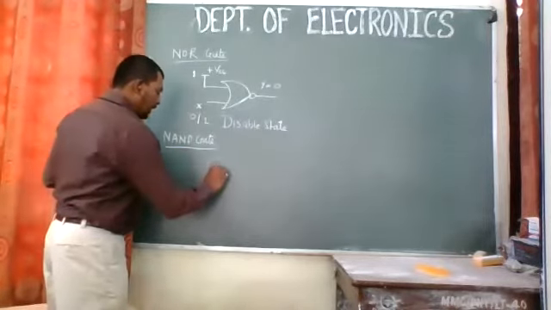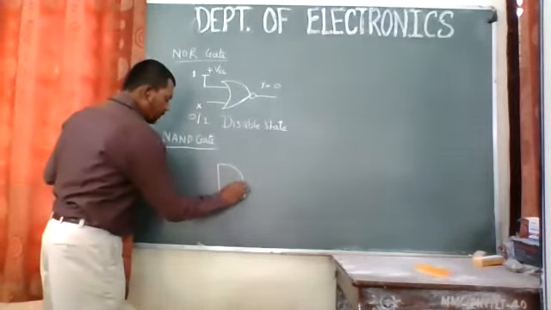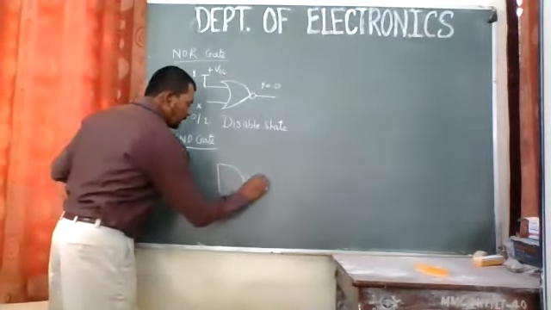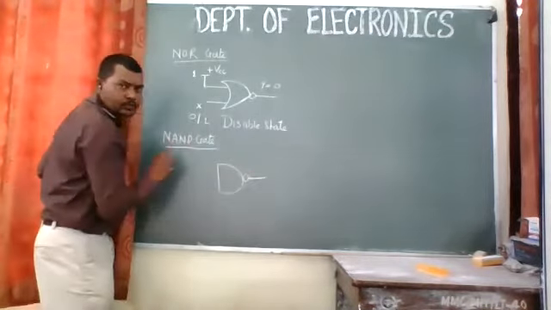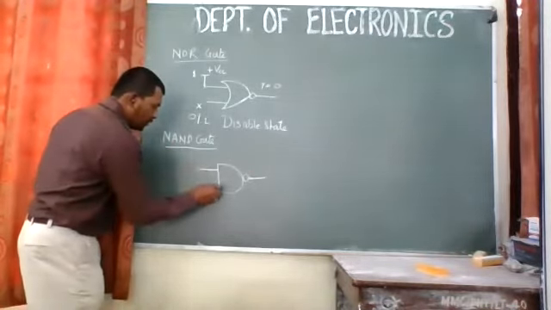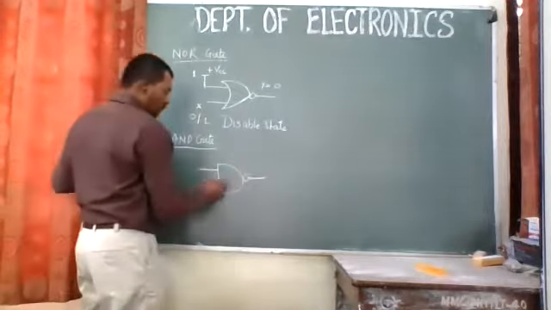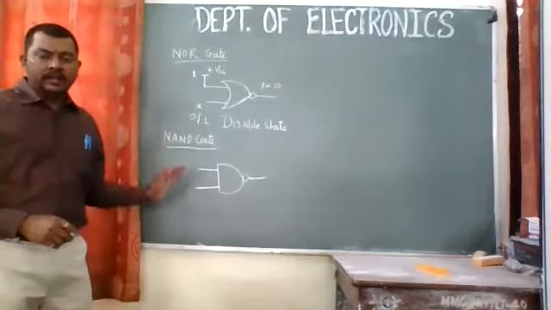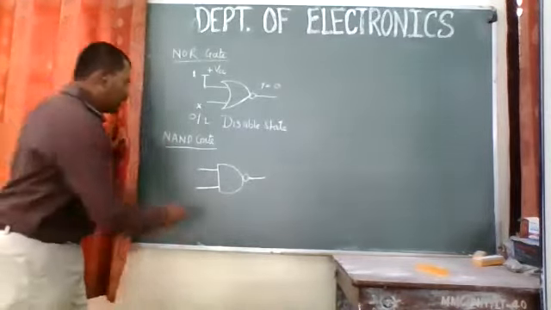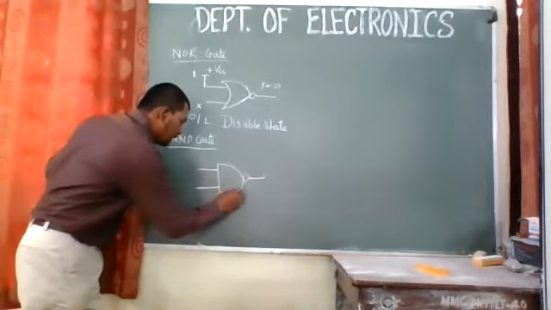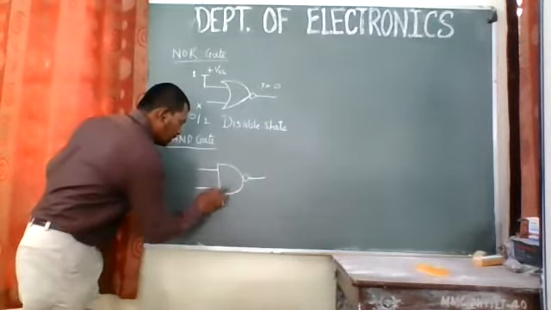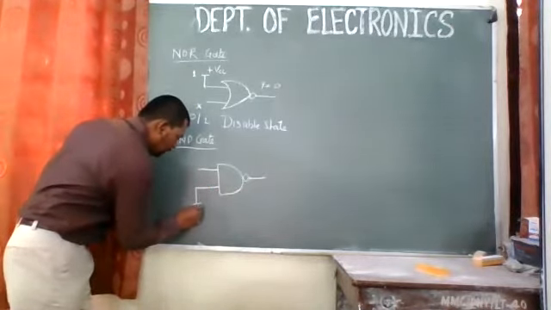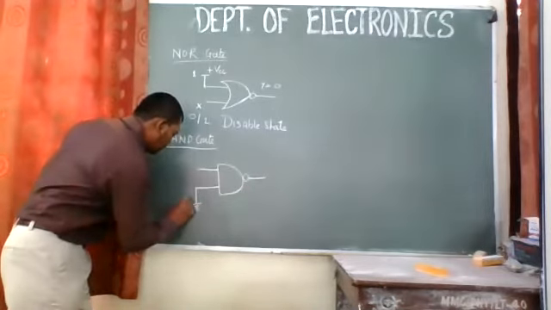For a NAND gate, we know this type of symbol. So we have a NAND gate like this. I guess it is visible. We have two inputs like this and one output. To make this NAND gate enabled, we just need to connect one of the inputs to ground, or 0.